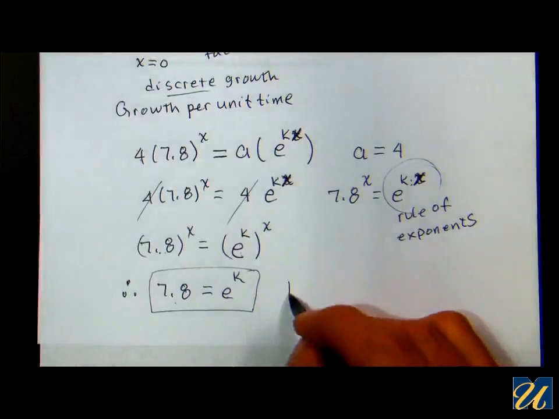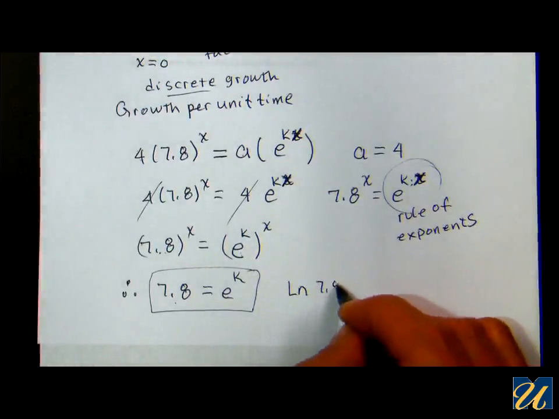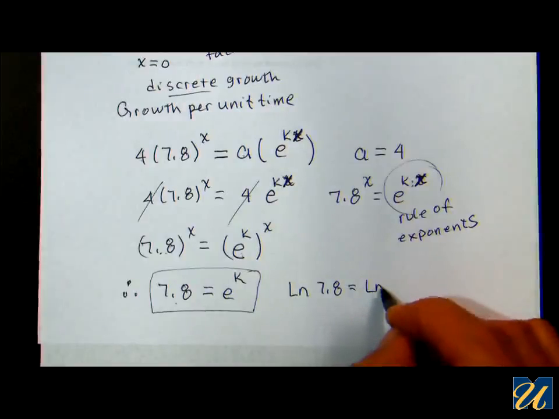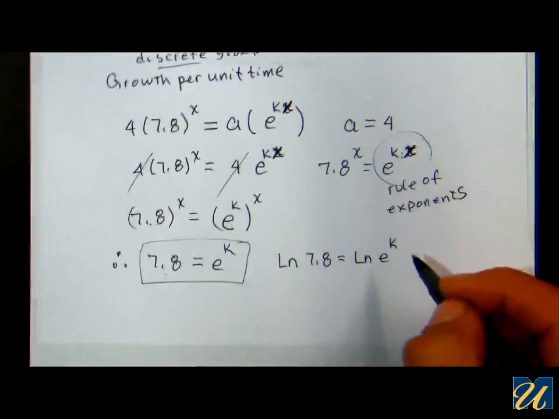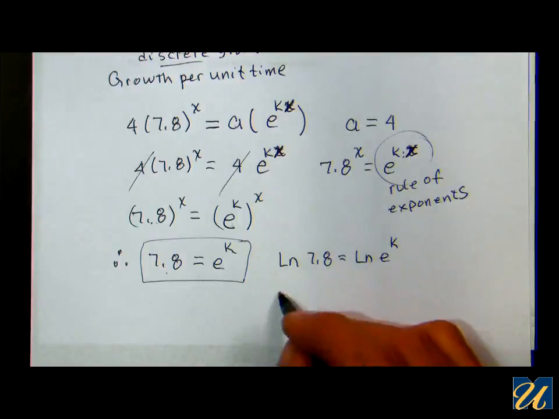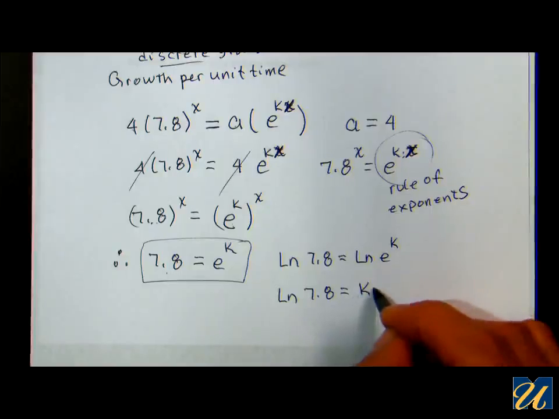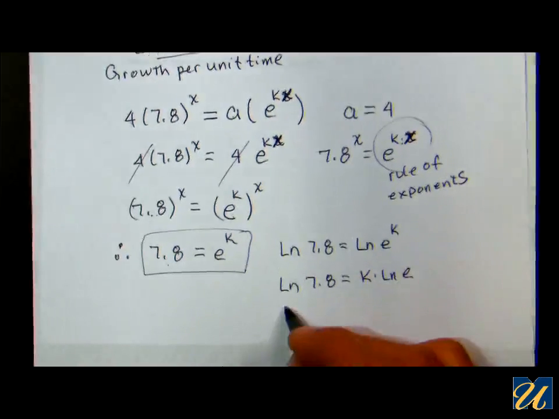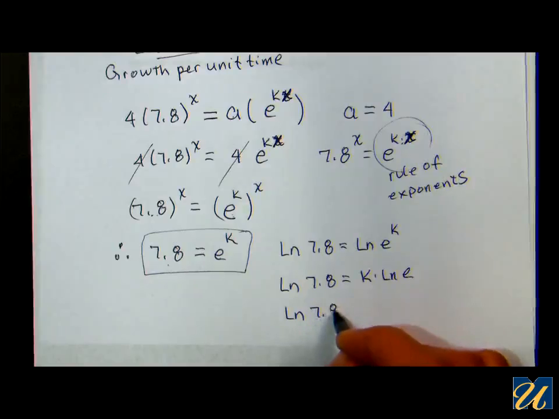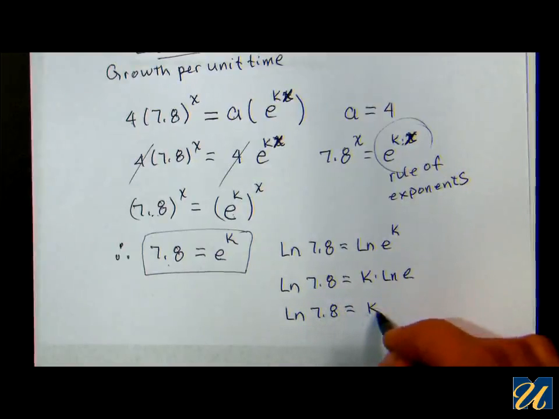Solving for k, we take the natural log of both sides, natural log of e to the k, and use the power property on the right. So the log of 7.8 is k times log e, and of course log e is 1, so this is just k.